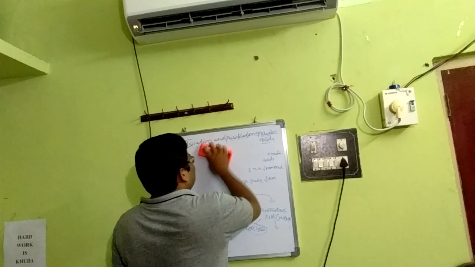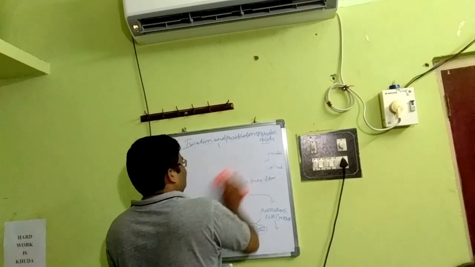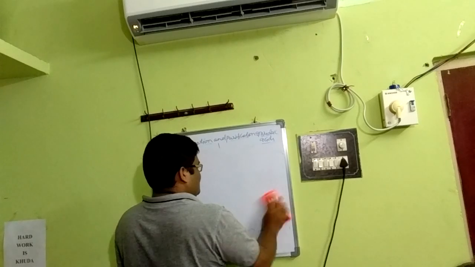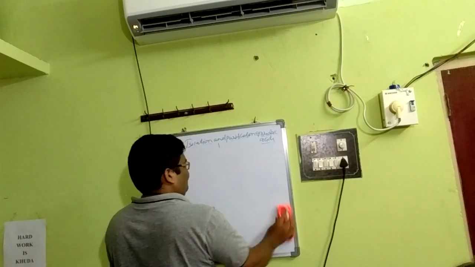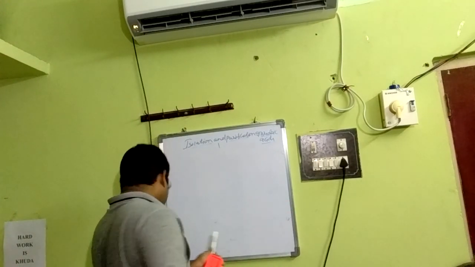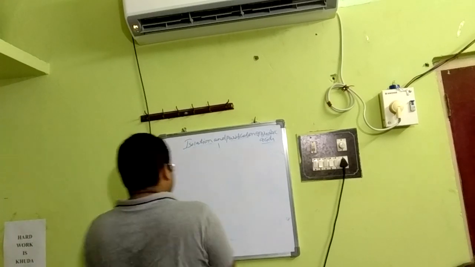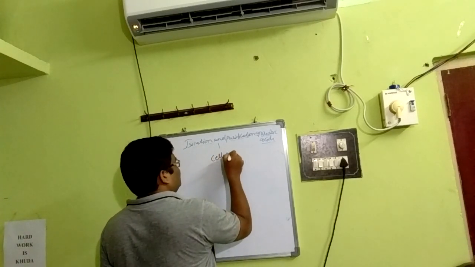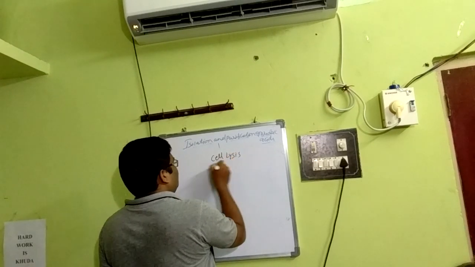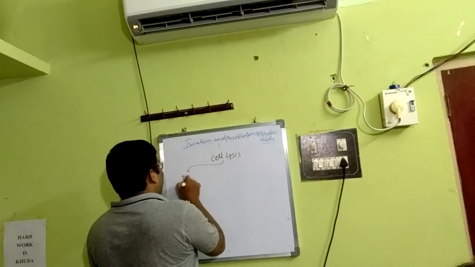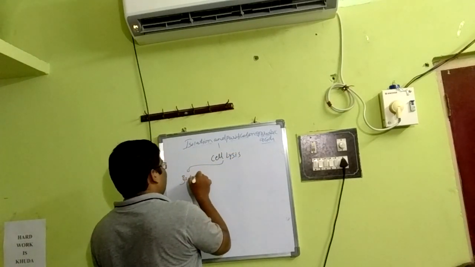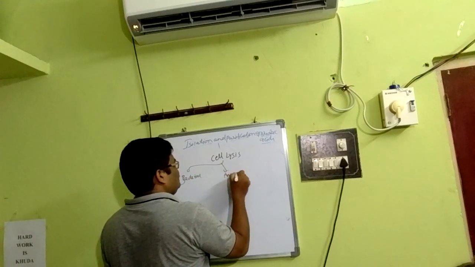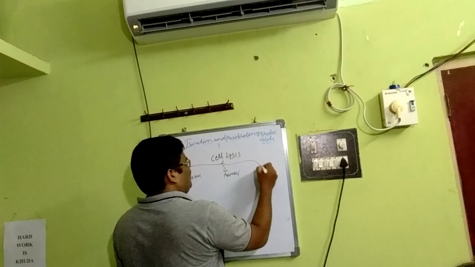As I told you, cell lysis is a common step for both DNA and RNA purification. These are three kinds: bacterial cell, animal cell, then plant cell.